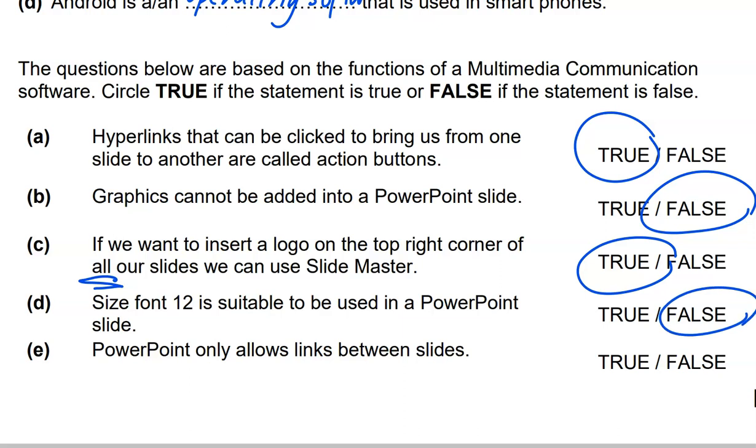You should use more than 25 for your body text in the slides, or even 40 for your titles. PowerPoint only allows links between slides. Not just between slides, but to websites or another document outside PowerPoint. So it is false. Question number 26 is done.